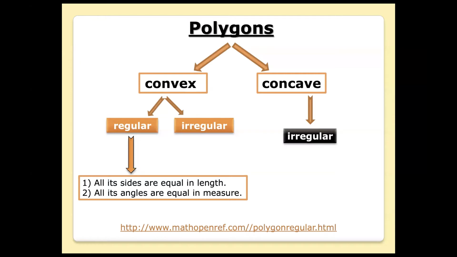Should be both. Must be the 2 points. All sides are equal. All angles are equal. Okay, thanks. But if I have equal sides, the angles must be equal.